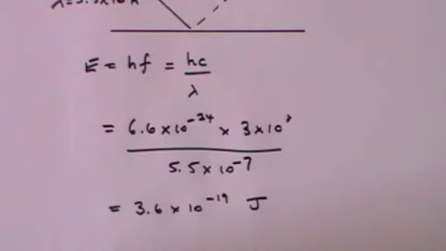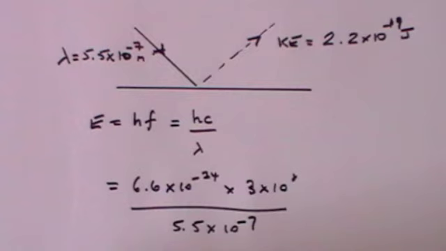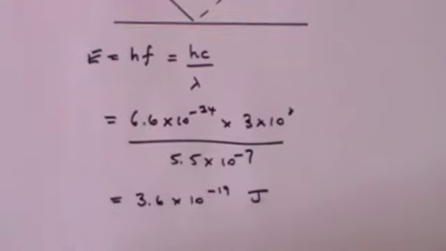That energy is used to kick the electrons out of the atom. In order to do so, it must overcome the binding energy, or the work function, and any energy that is left over will be coming out as kinetic energy, and the maximum kinetic energy is 2.2 times 10 to the minus 19 joules. So consequently, the work function must be the difference between the energy of the photon and the kinetic energy of the electron.